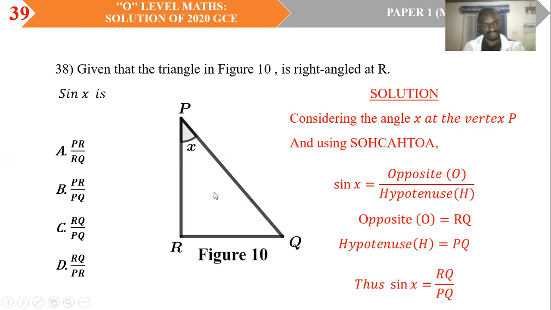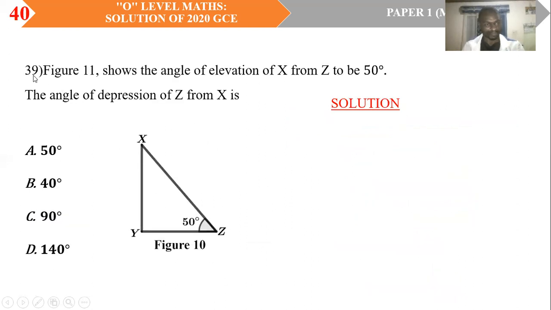The opposite is RQ, the hypotenuse is PQ. So it means that the sine of x is RQ over PQ. Answer C.